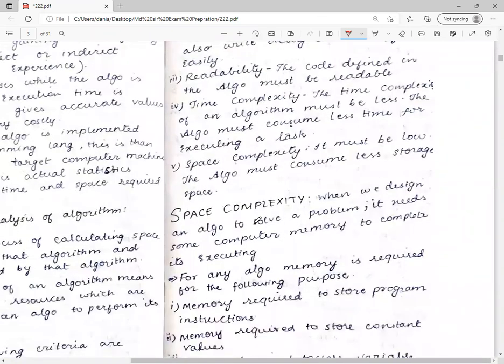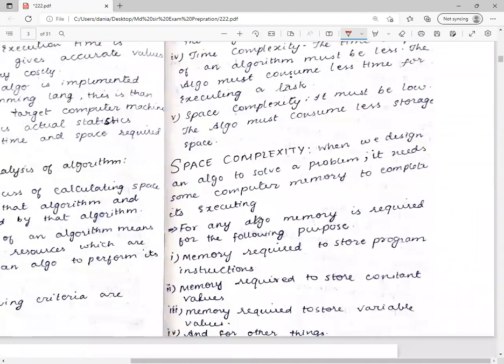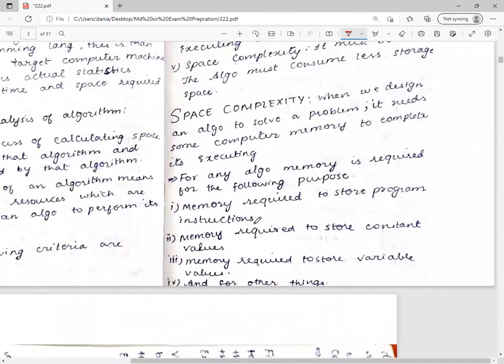Space complexity. When we design an algorithm to solve a problem, it needs some computer memory to complete its execution. For an algorithm, memory is required for the following purposes: memory to store program instructions, memory to store constants and variables, and memory to store values and for other reasons.